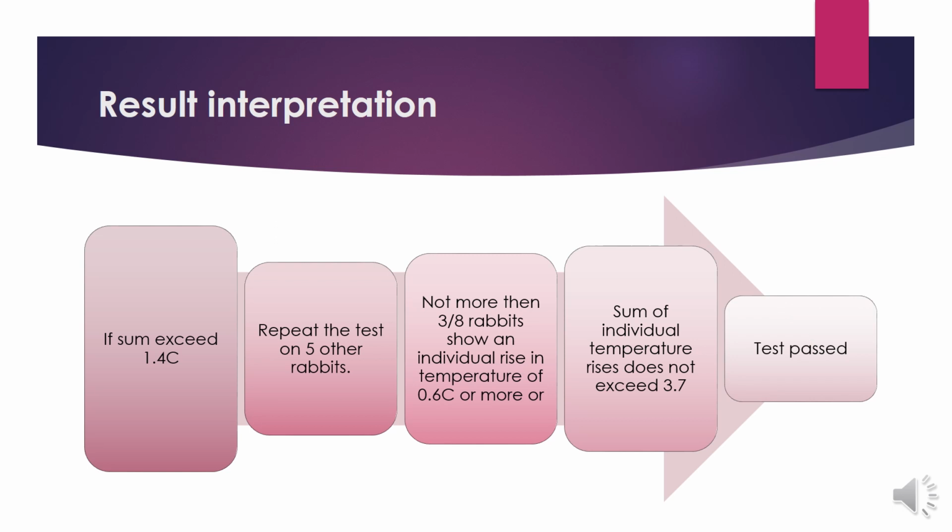So again, how you are going to clear or approve your product is that among those 8 rabbits, not more than 3 are showing an individual rise of 0.6 or a little bit more, and the sum of their individual temperature rises does not exceed 3.7 degrees centigrade, then your product is passed, you can approve it. If again these results are not obtained, you are going to reject your sample.